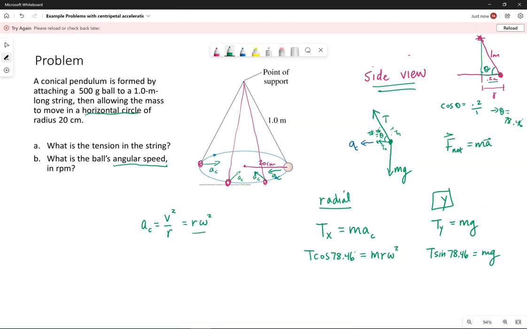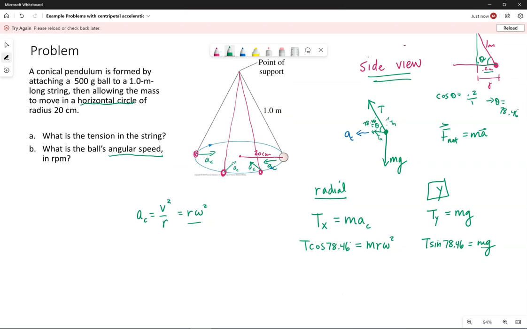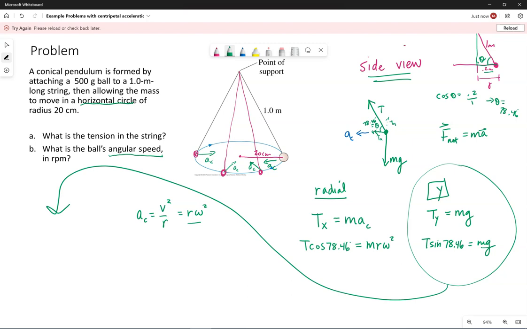All right, so let's see. We know mass, we know g, so we can solve our y equation now for tension. I'm going to bring it over to the left side.